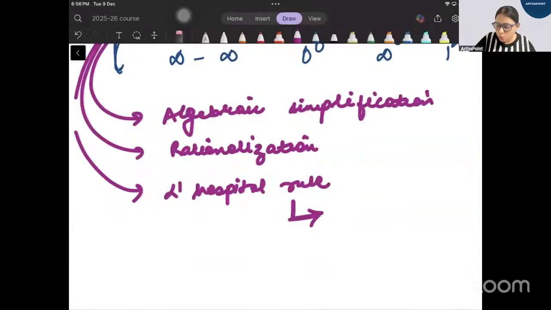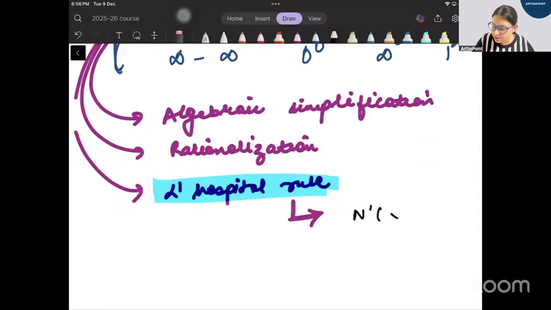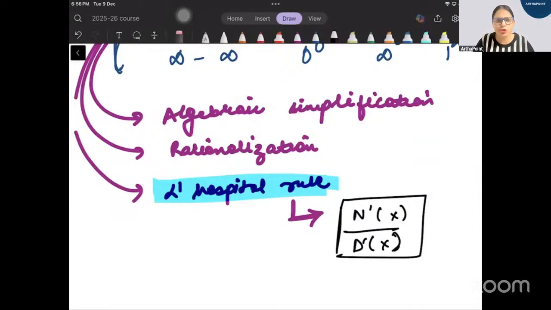We can talk about L'Hopital rule, but only after you study differentiation does it make sense. In it, we differentiate the numerator and denominator separately. I'll talk about how it works. So these are the three things which can be done.